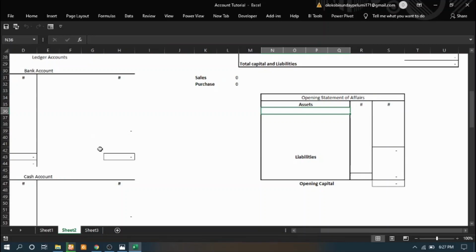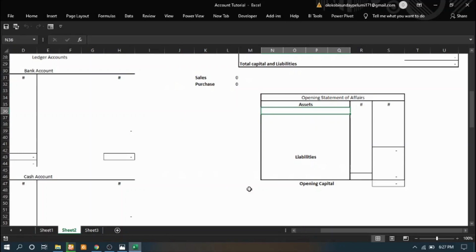So we need to get the assets. What are the assets we have? At the beginning, we have motor vehicles and furniture and fittings. These are the two assets we have at the beginning.